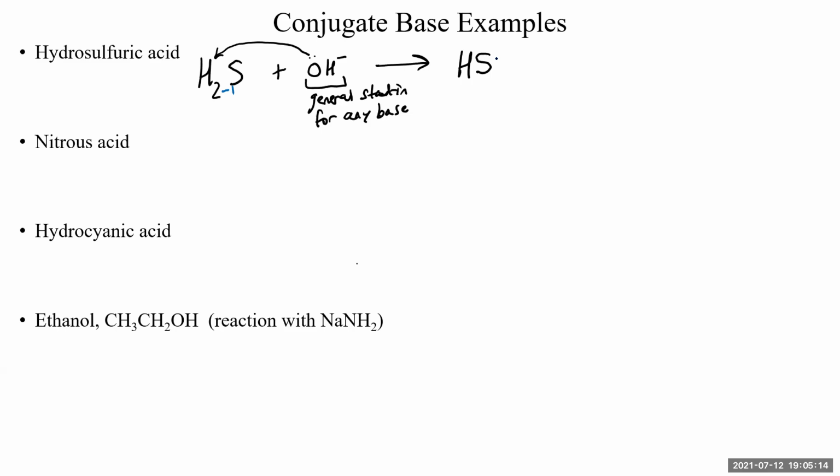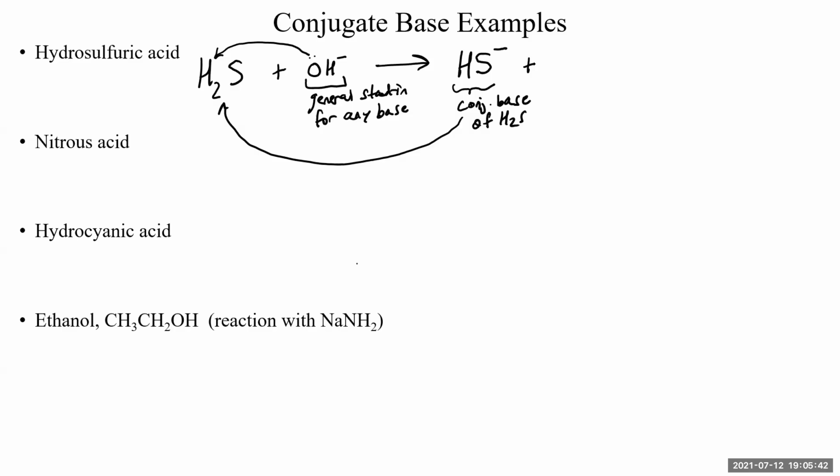Well, if we took a +1 charged hydrogen away from an otherwise neutral molecule, we end up with a negatively charged ion, or negatively charged polyatomic ion. So we end up with hydrogen sulfide. This is the conjugate base of H2S. It derived from the H2S. So now we call it the conjugate base.